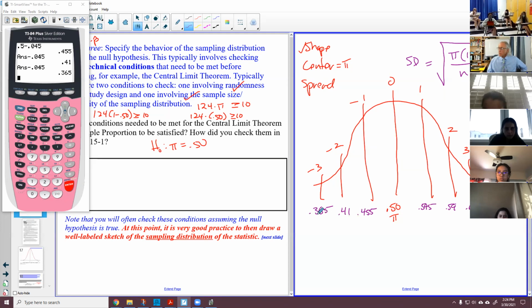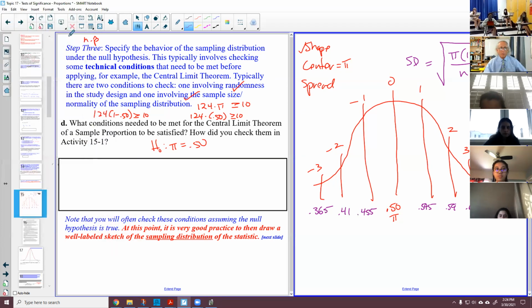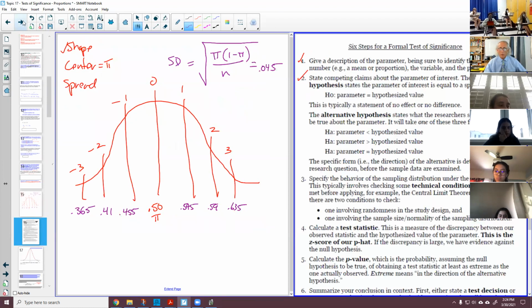Pretty good? Okay, everybody okay with this? Any questions? All right. So I got my diagram.